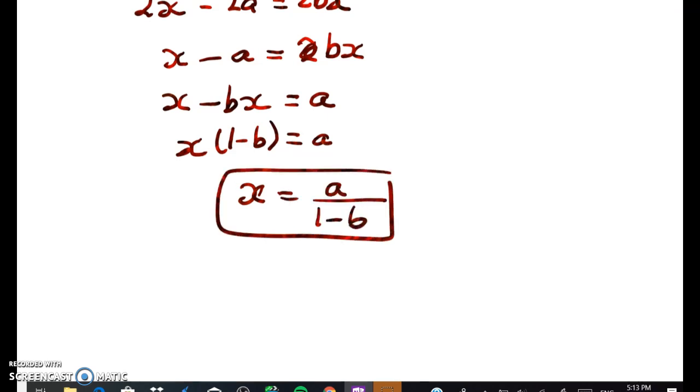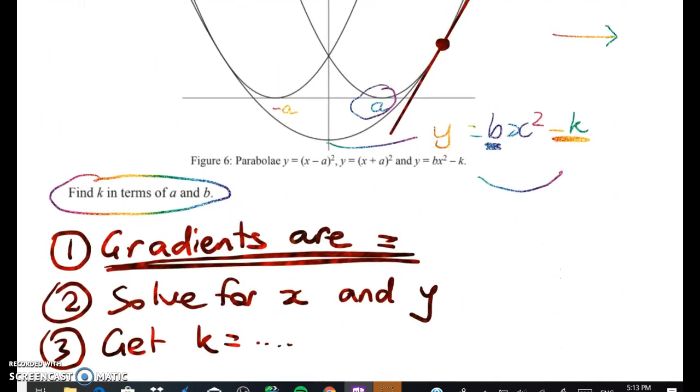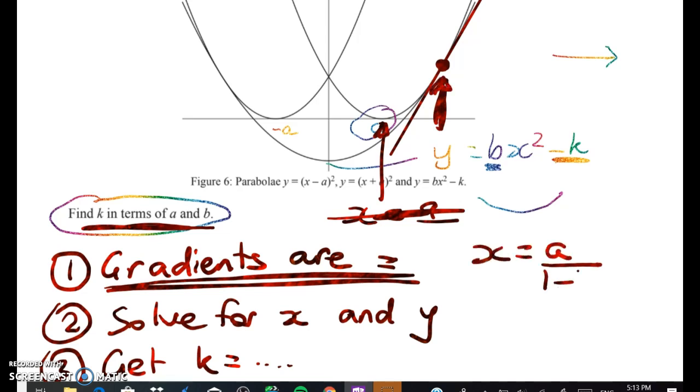Right, now let's go back and think about what we were asked to do. Well, we have to figure out k in terms of a and b. So what we've now got is the x coordinate here. So x is equal to a over 1 minus b. Now, there's no k in sight.